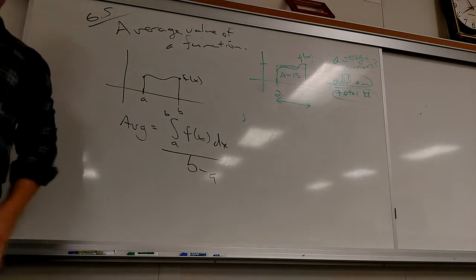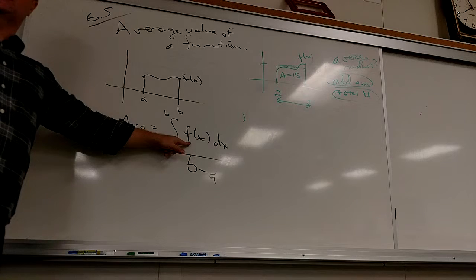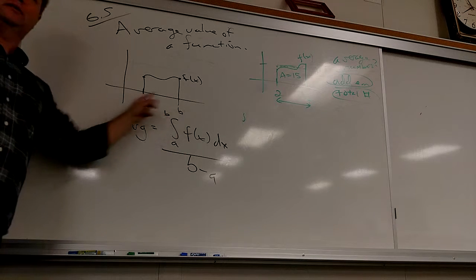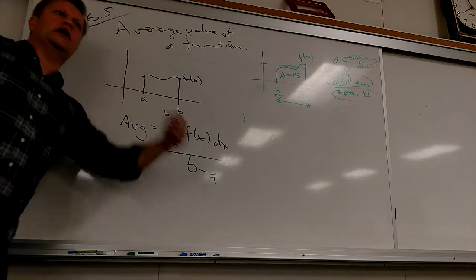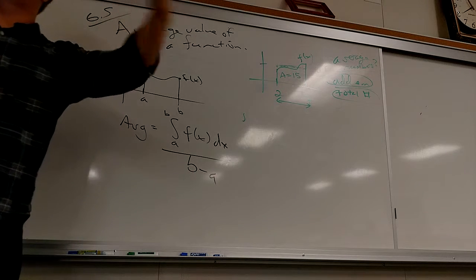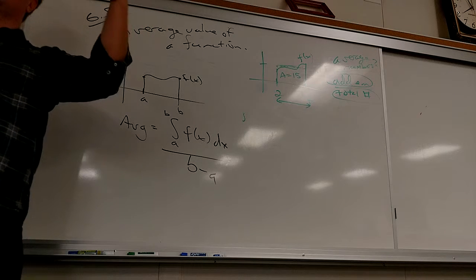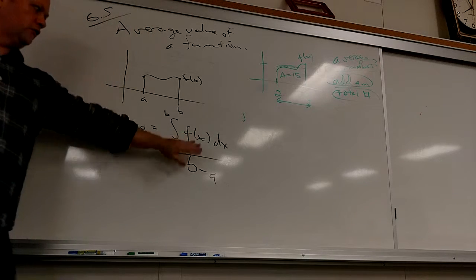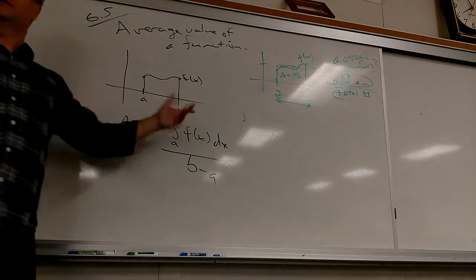All right, it is almost too nice to believe. If you can integrate, you can then take that number and divide by the distance. So it's really like one measly step added to section 5.3, I think, definite intervals. You do the definite integral, one more step, you divide by the difference of the endpoints.